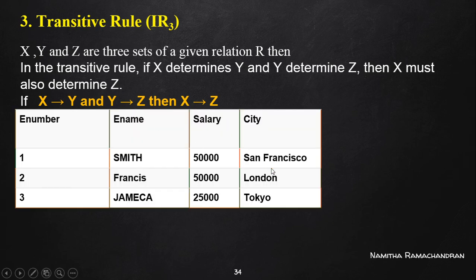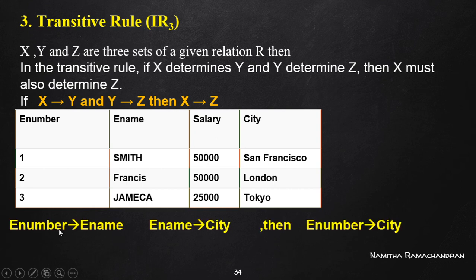The same example. Suppose E number derives E name is a valid dependency. Here it is valid. If we know the E number, then we can directly identify the name of the employee. Similarly, if we know the name, then we can identify the city in which that employee is living.